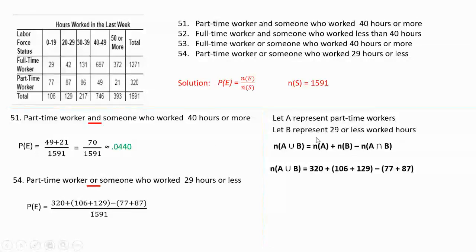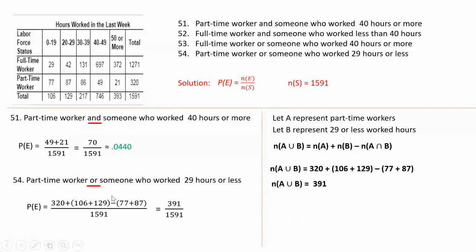And then plus my 29 hours or less will be these two here, 106 and 129. That's my N of B, my set B. But then where they intersect will be 77 and 87, because I already counted them once from the 320. That's why we don't count them twice. That's why it'll be minus 77 plus 87. That's where the 391 comes from.